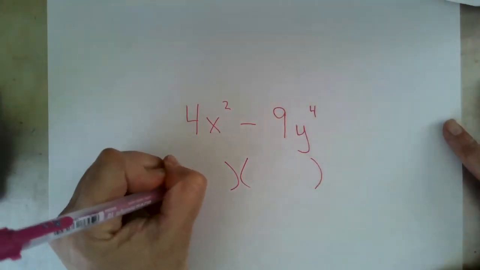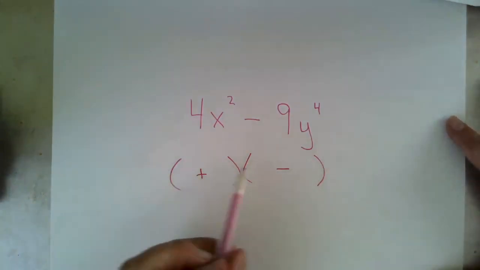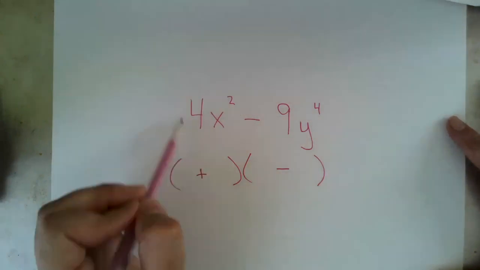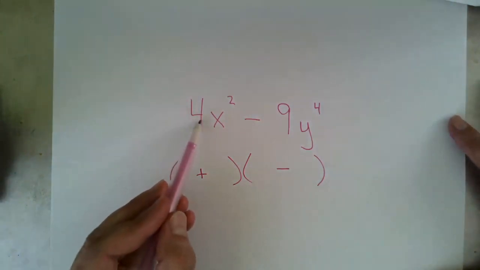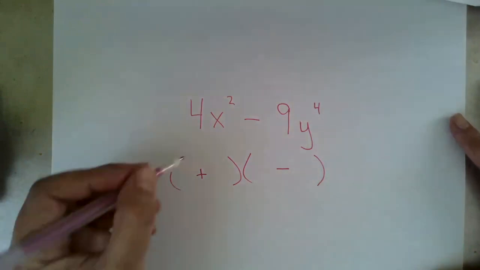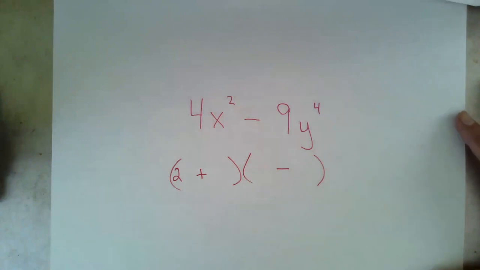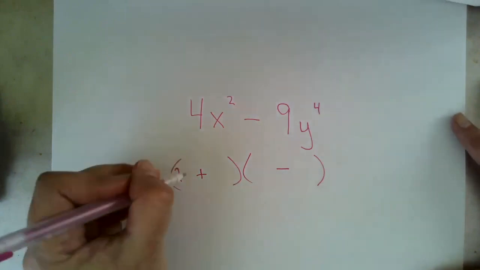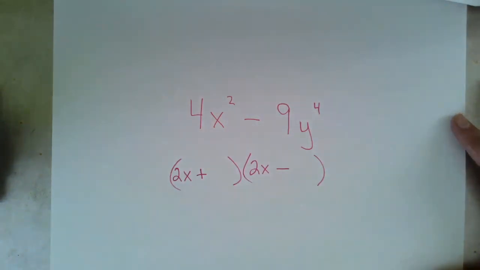One of them will have a plus, one of them will have a minus. My first term is the square root of my first term. The square root of 4, what times itself equals 4, is 2. And the square root of x squared, what times itself equals x squared, is x. So 2x is my first term.